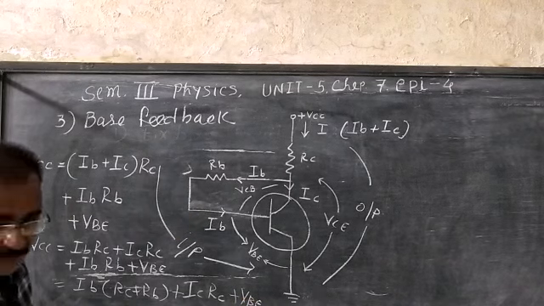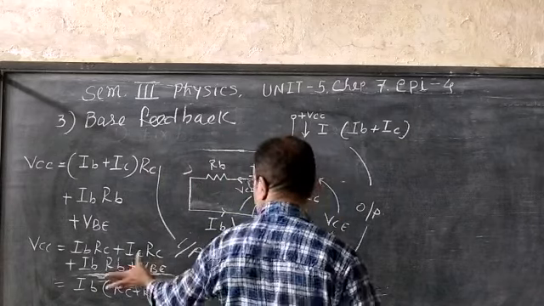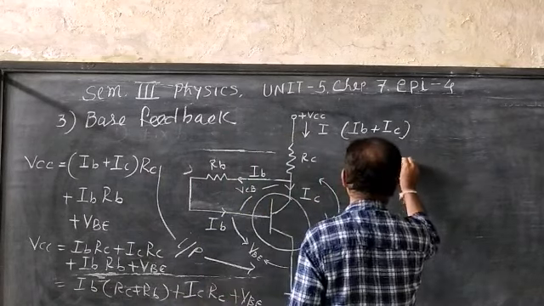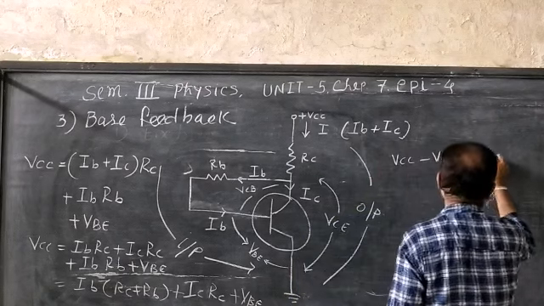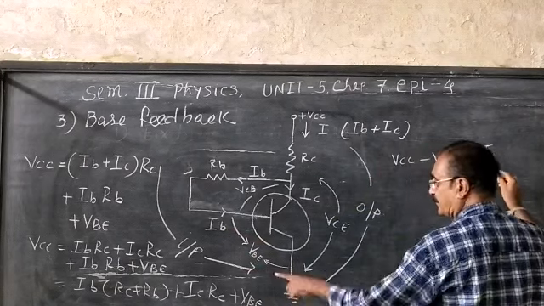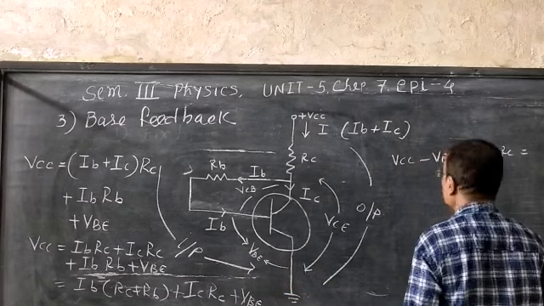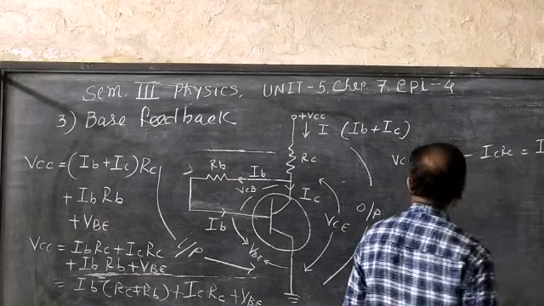Now just simplify this for IB. So VCC minus VBE minus IC RC is equal to IB RB.